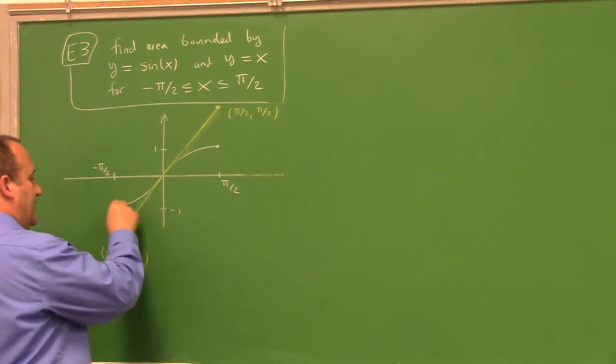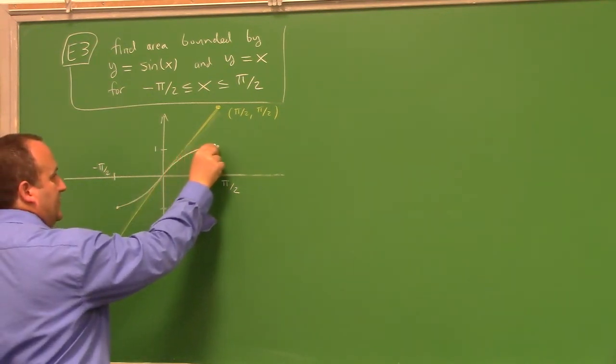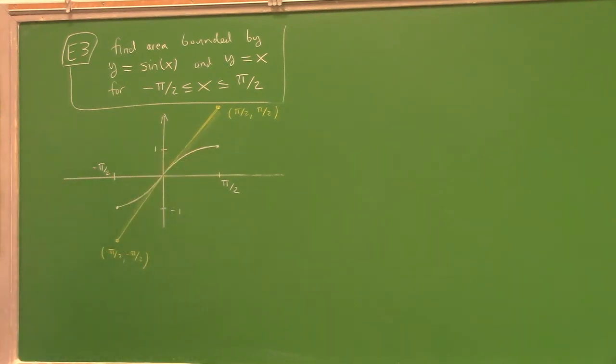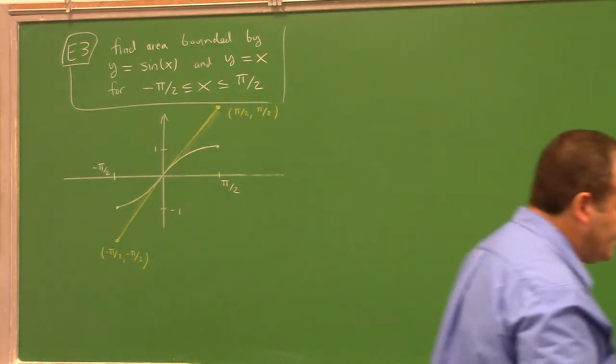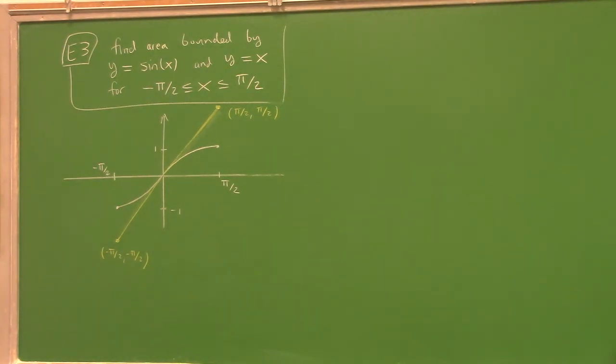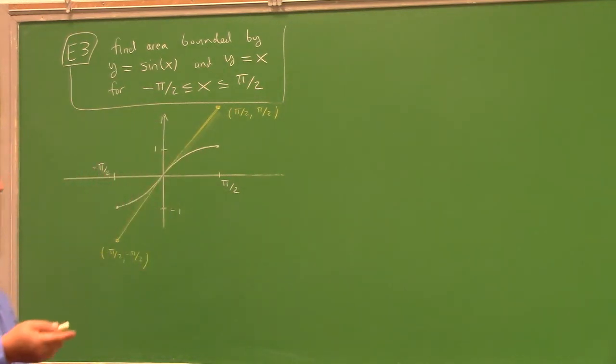So we're working on finding the area between sine x and y equals x from minus pi over 2 to pi over 2. This is a little bit tricky because you notice how the tables have turned here.